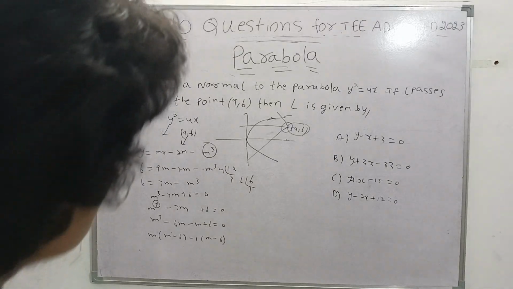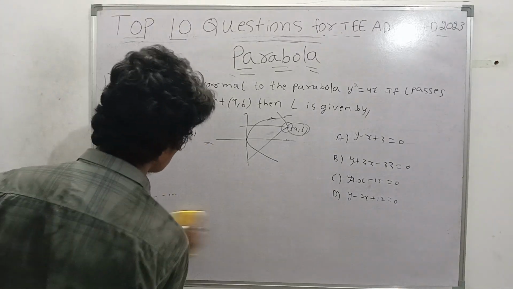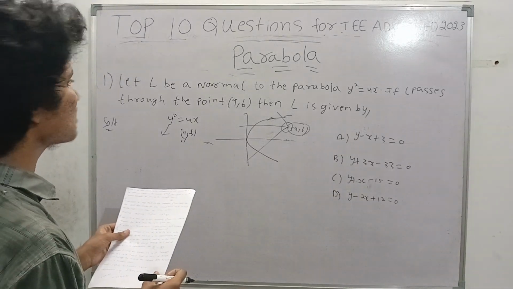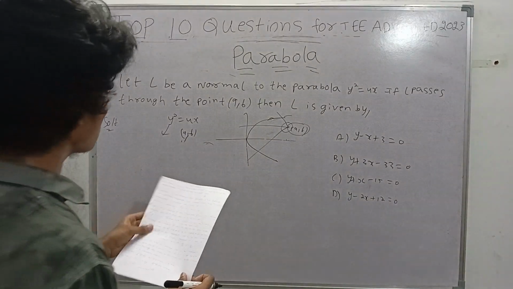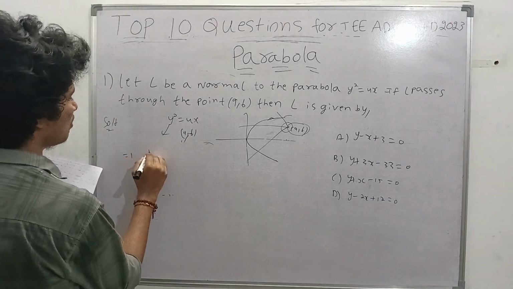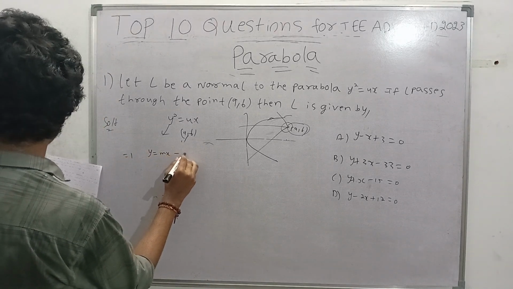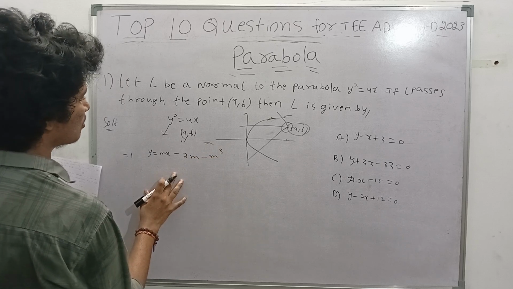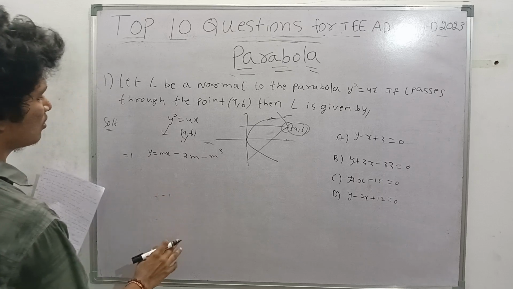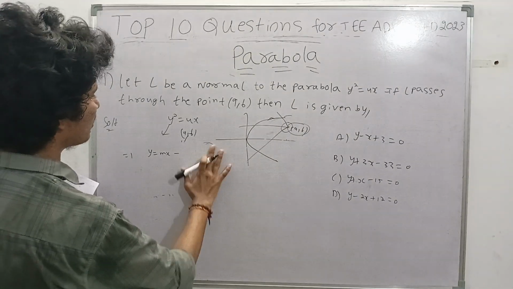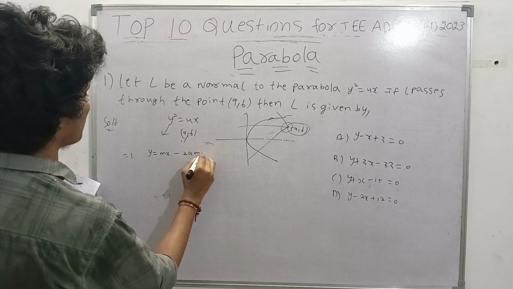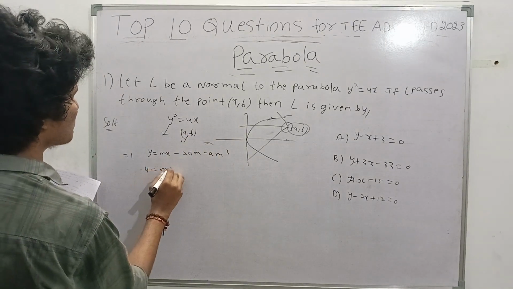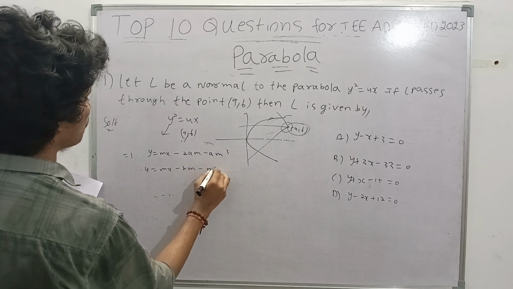Where is it wrong? One second guys. The parabola given is y square equal to 4x, and the point given is 9, 6. Actually the form is y equal to mx minus 2am minus am cube, but here y square equal to 4x, a is 1, so we can write y equal to mx minus 2m minus m cube.